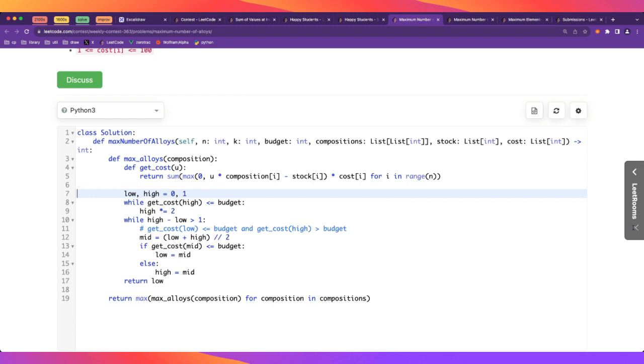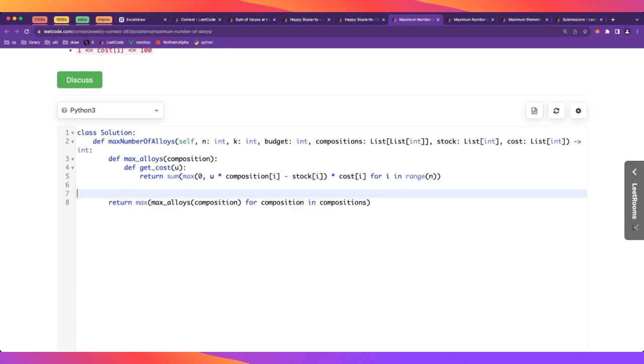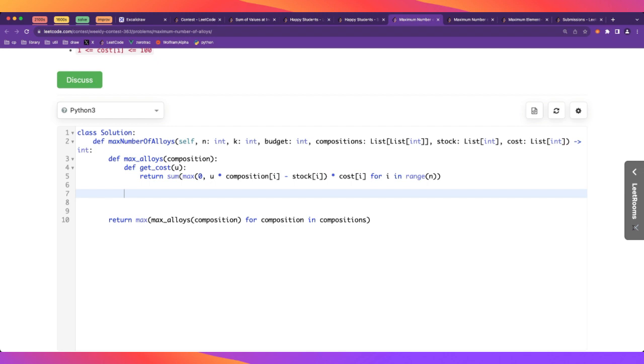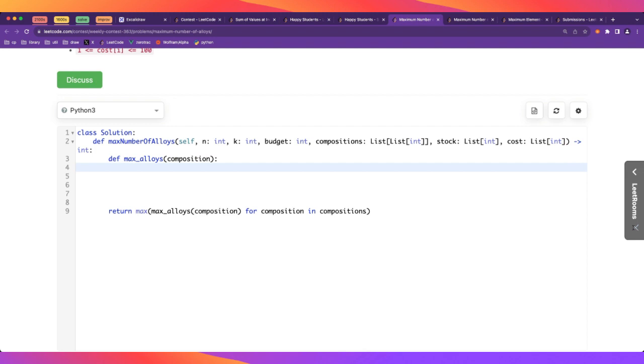Okay, so we delete this, and we want to sort, we want to get an order that depends on those ratios.